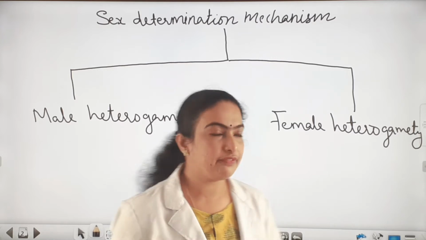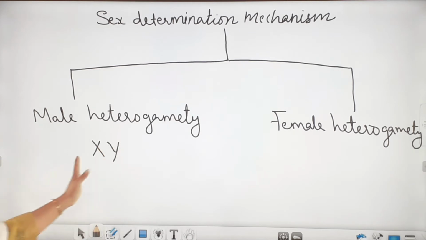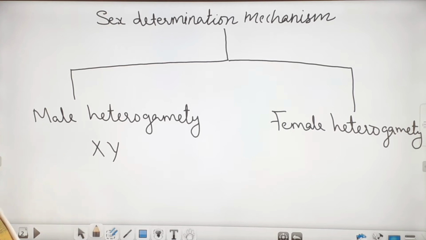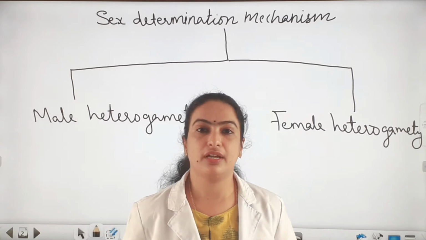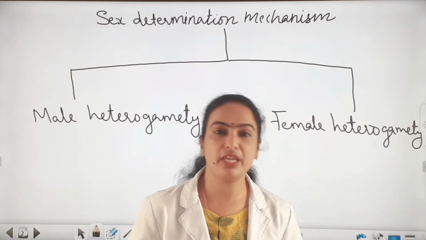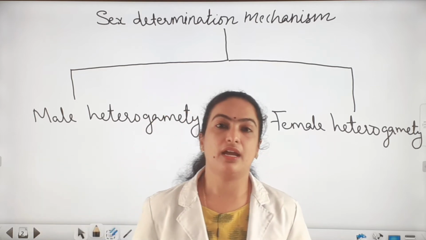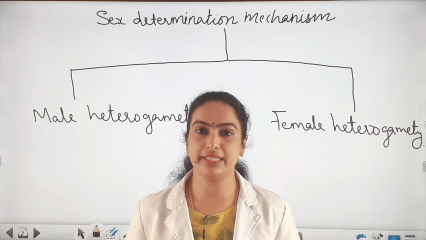Is it clear? For example, XY. XY means two dissimilar gametes are produced by the male. Is it clear? So male heterogamety means when the males are producing two dissimilar gametes.